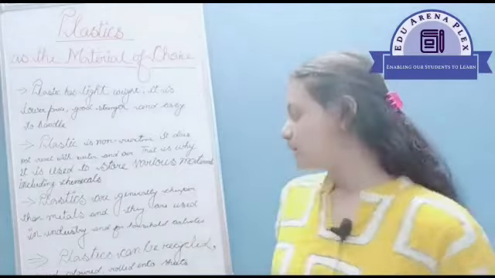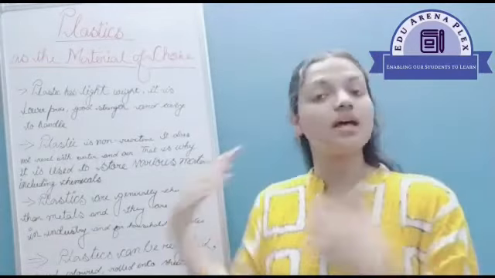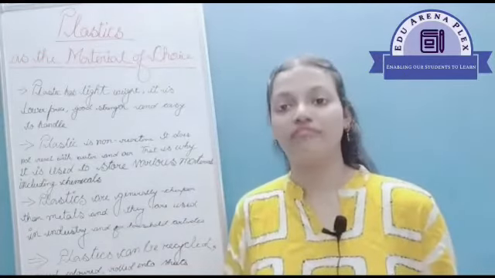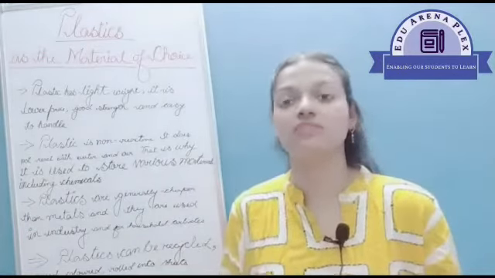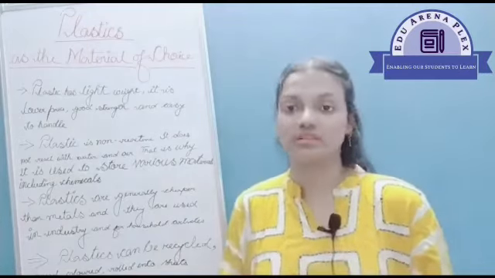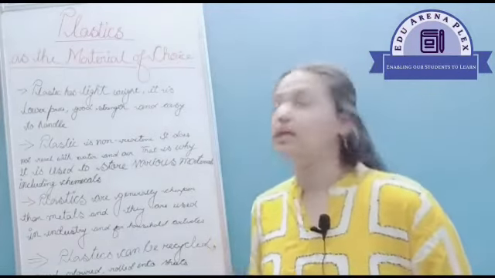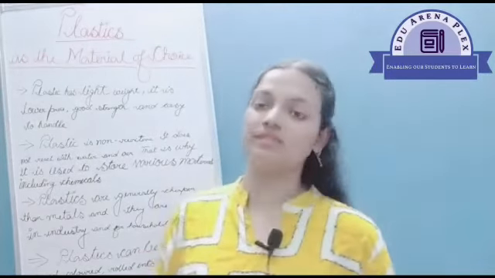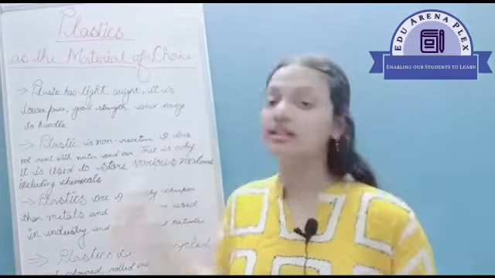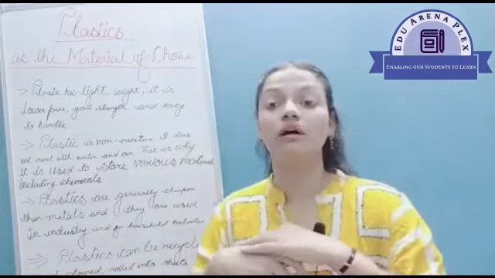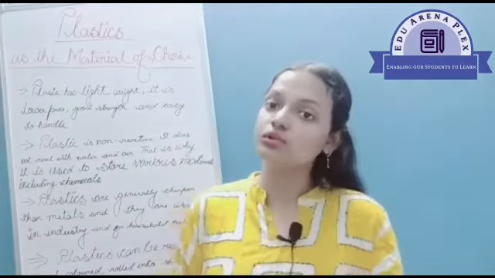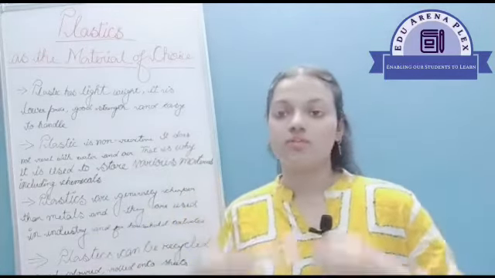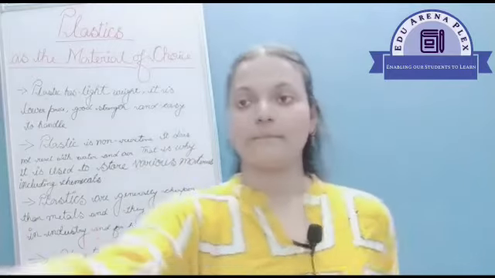I think these are the characteristics, the reasons why plastic is very popular among us and why we have so many articles made up of plastic. We choose plastic because of such reasons.